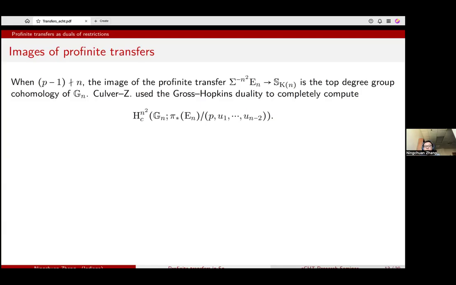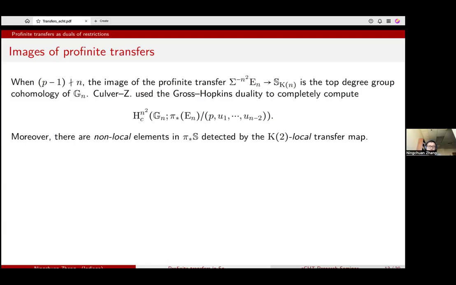But you might notice we didn't mod out by Un-1. Essentially, we're using the Miller-Ravenel-Wilson computation and then using Gross-Hopkins duality to bootstrap to this case. I talked about this computation, I think, four years ago, also in this research seminar.